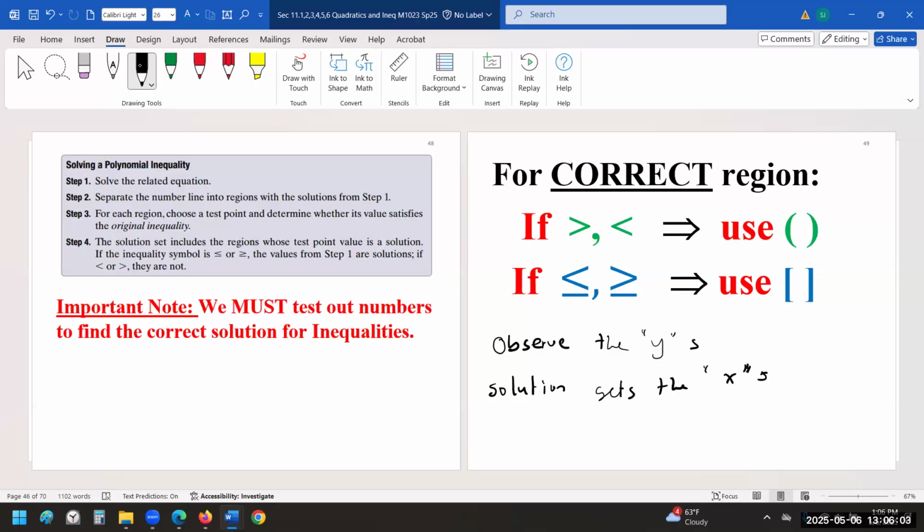For example, let's say they're asking x squared is bigger than or equal to 0. So x squared is a parabola. Bigger than or equal to 0 means where do you see all the y values are positive?